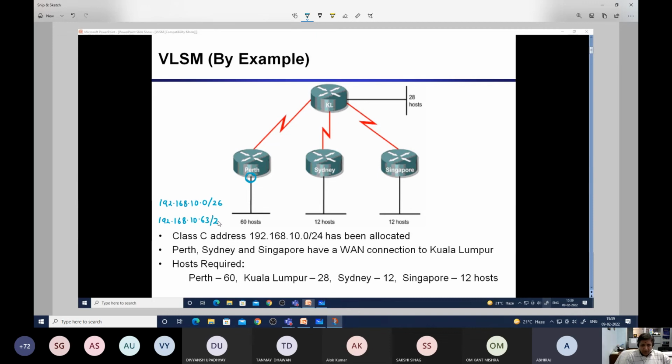Don't forget to write the slash, otherwise you'll not be able to see what the host part is and whether all the host bits are 1. So from .1 to .62 are valid host IDs. .1 will be assigned to this interface, so this interface would have IP address 192.168.10.1/26.